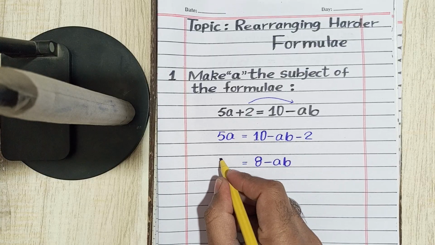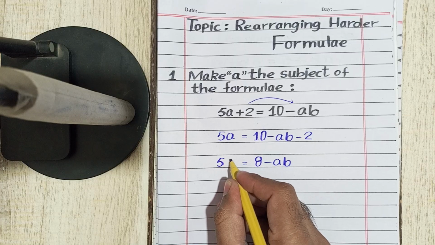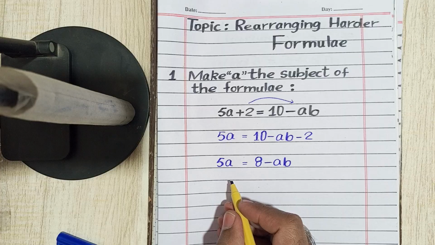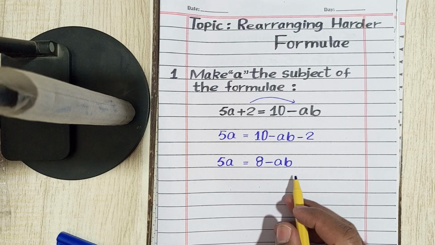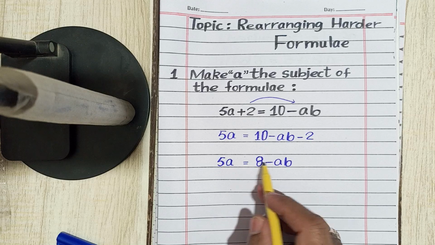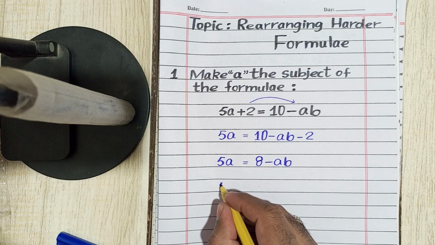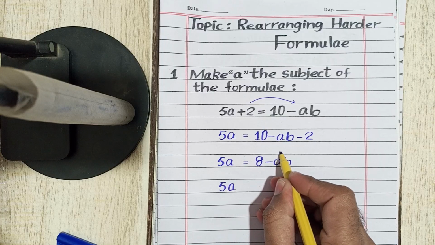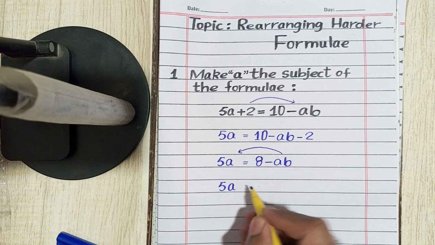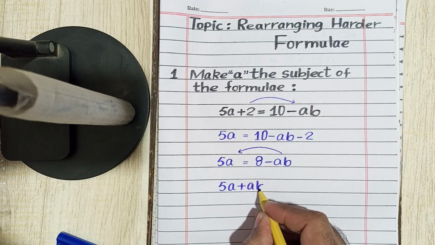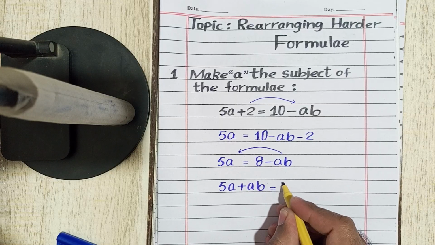So here we have 5A. Now we shift this minus AB to here, so here we have plus AB, equal to 8.